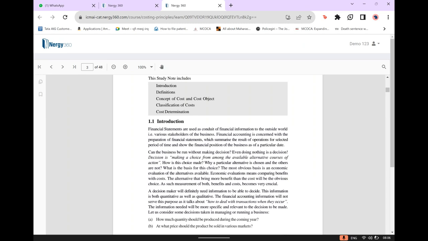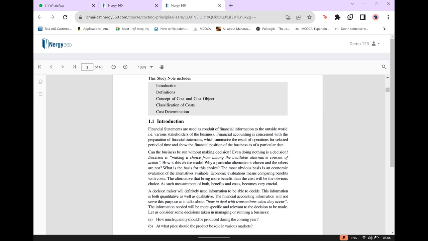If a cost center is more profitable, produce more of such products. So a lot of decision making happens with the help of the cost and management account, and also very importantly, the cost and management account and the financial accounting per se is as of now integrated. So you don't have any separate cost and management account or separate finance.